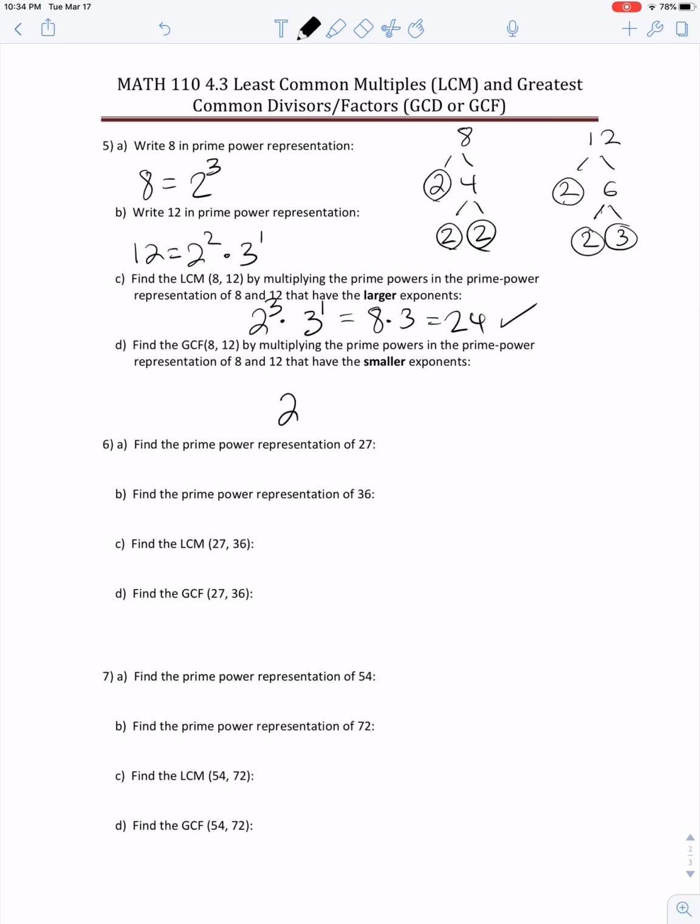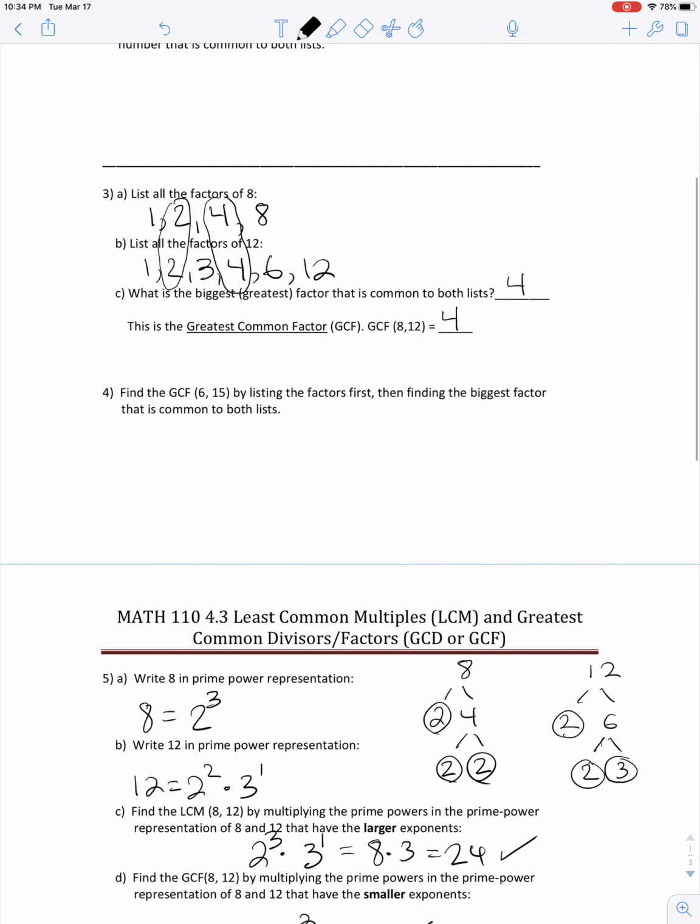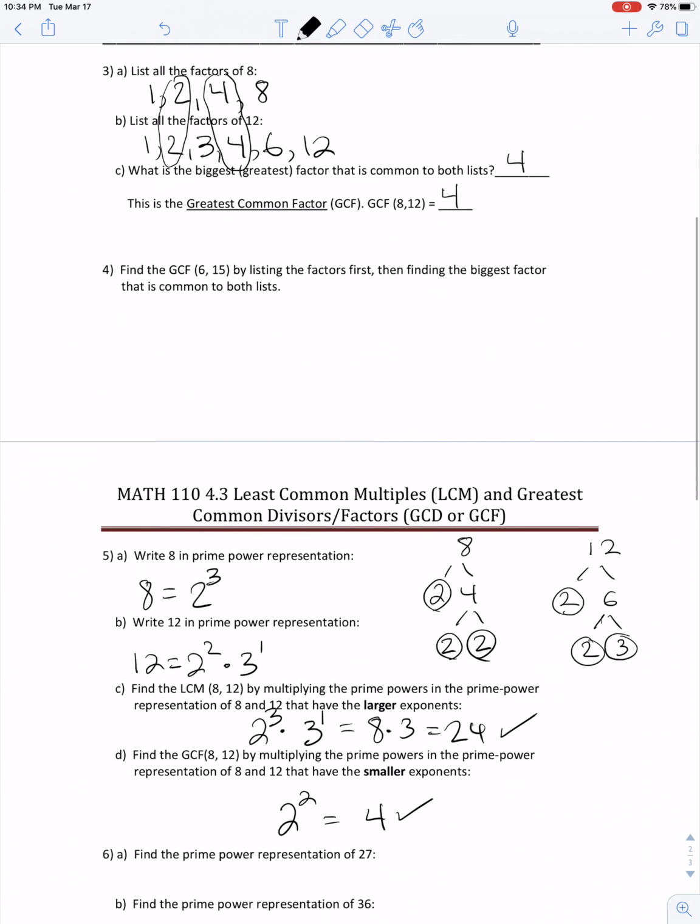We're ignoring the 3 because they don't have 3 in common. I've got a 2 squared and a 2 cubed, so I want to pick the exponent 2. So 2 squared gives me a 4. So my greatest common factor would be 4. And if we look back up here, that's what we found using our set lists as well.